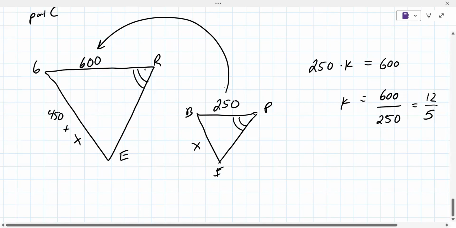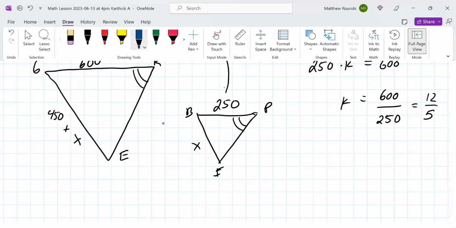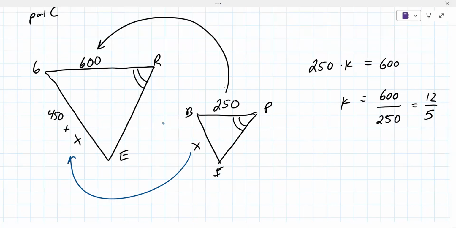Now the reason that's important is it allows you to solve for BF. Let me double check that here. Definitely off today. 250, yeah, 2.4. So what that allows you to do is the same thing for the other one. Now we're used to there being a number, but you can still do it because there's only a single variable.